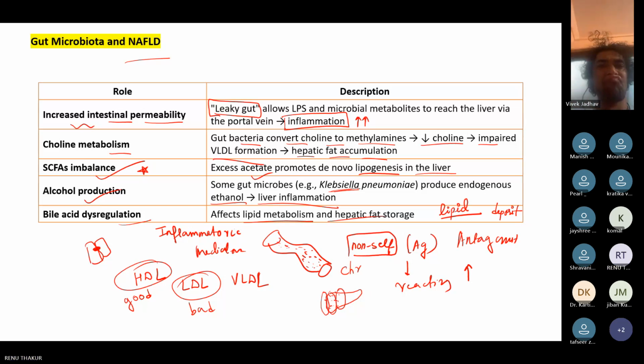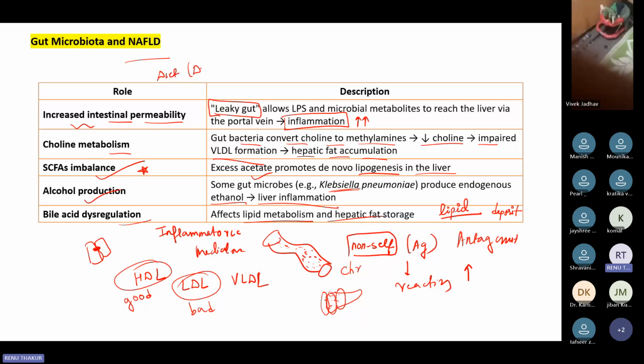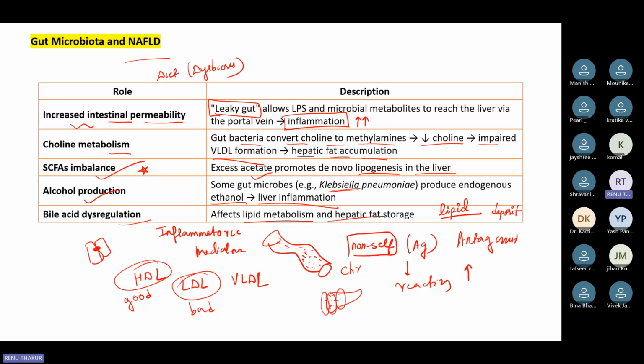This is the condition where we can have non-alcoholic fatty liver disease, and we can also have liver cirrhosis. But NAFLD is more common because it is diet related. It is not only alcohol related, but related to dysbiosis and diet. These are the two major contributors of NAFLD.